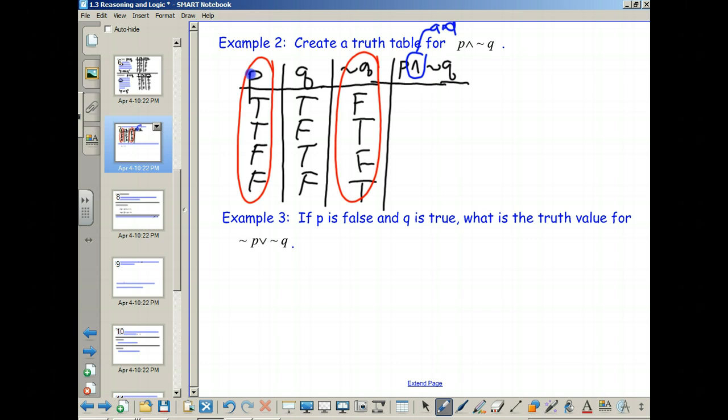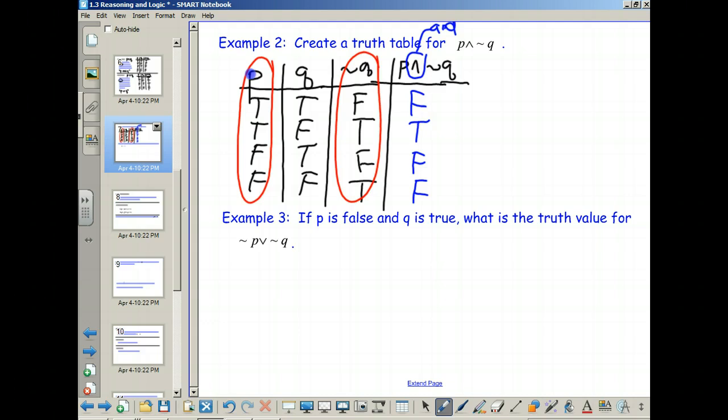Right? That's AND. So if I have a true statement and a false statement, and I do an AND between them, is that result true or false? It is false. If I have a true statement and a true statement, is that result true or false? True. If I have two false statements, false. If I have a false statement and a true statement, false. And that is my truth table finished.